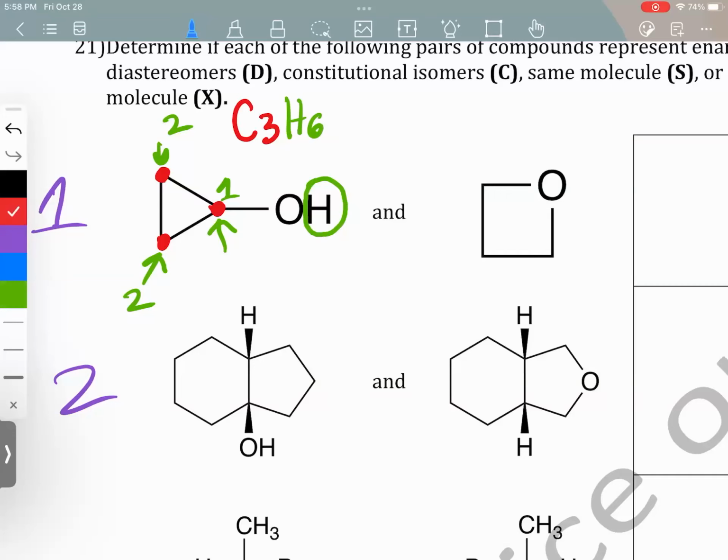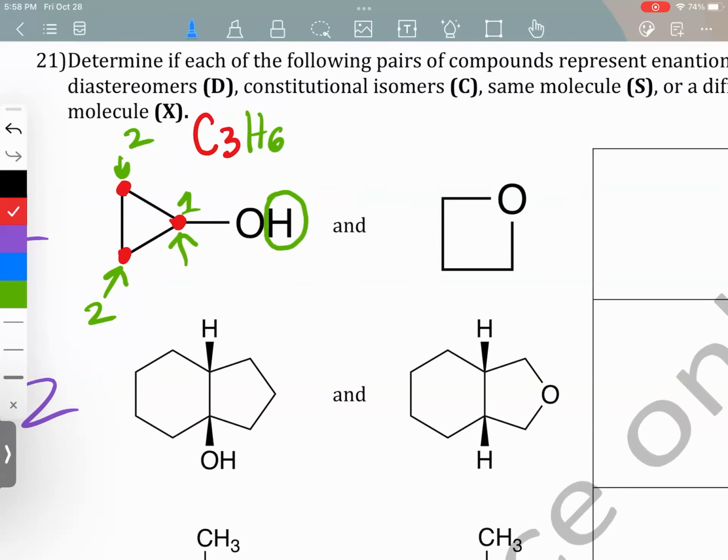Now, let's check the second molecule. How many carbons? 3. Right, 1, 2, 3. These carbons are connected to the oxygen, so there's only 3 carbons. Now, each of these carbons has how many hydrogens attached? 2. So this is also C3H6.